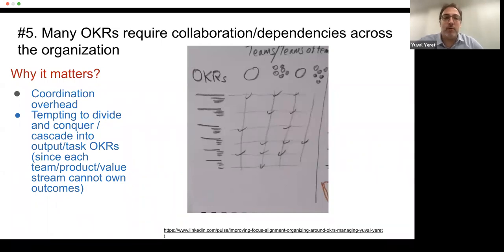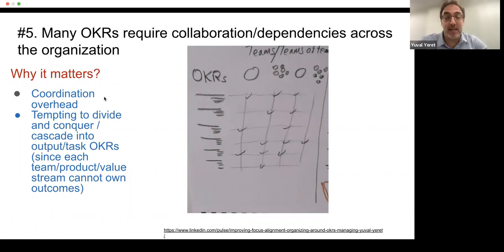This is a challenge, right? Having a set of OKRs that each map to different teams and managing how we're doing on these OKRs requires us to work across different teams. And this is some serious coordination overhead.